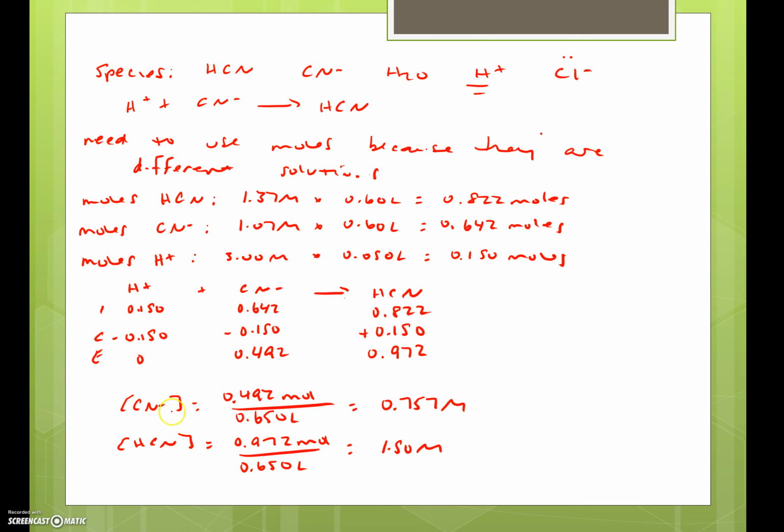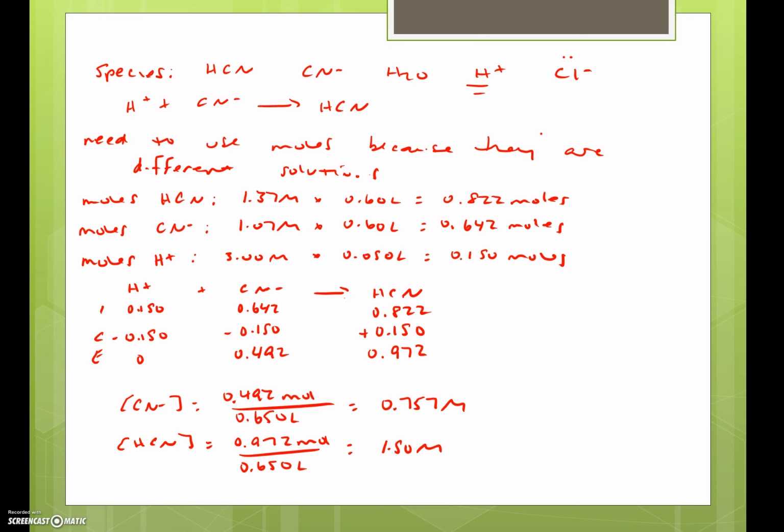So the molarity of our cyanide ion is going to be 0.492 divided by 650, so 0.757 molar. And our hydrocyanic acid is going to be 0.972 divided by 650, which will give us 1.50 molar. But right now, all we have is the cyanide ion and the hydrocyanic acid concentration.